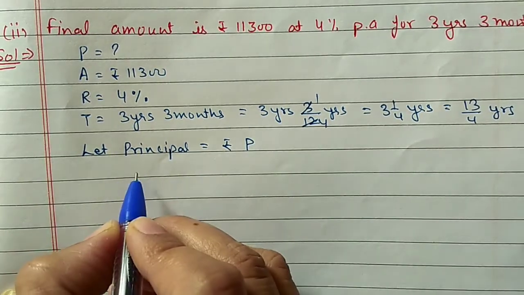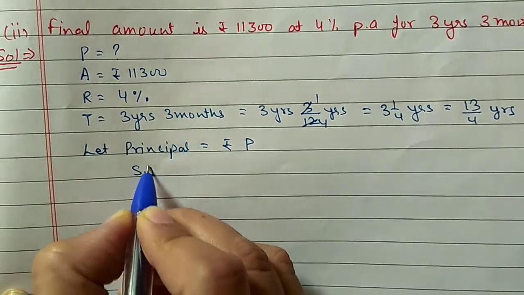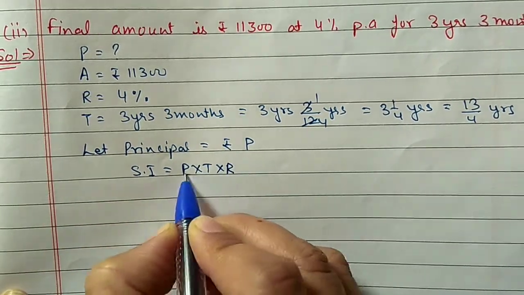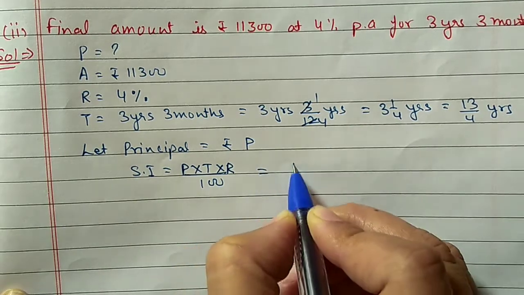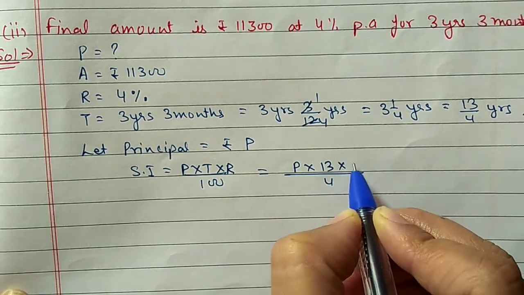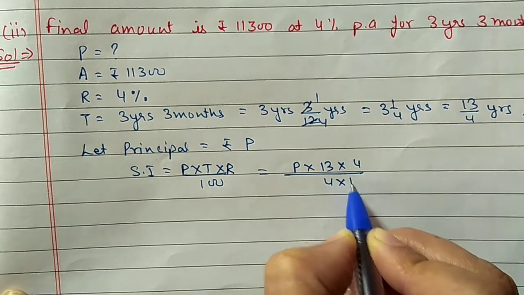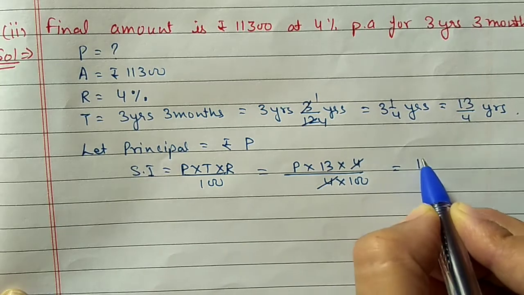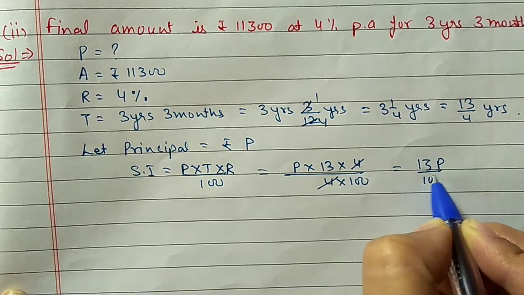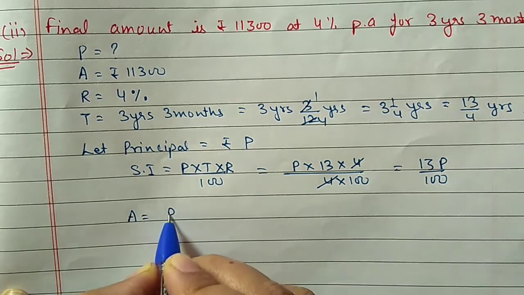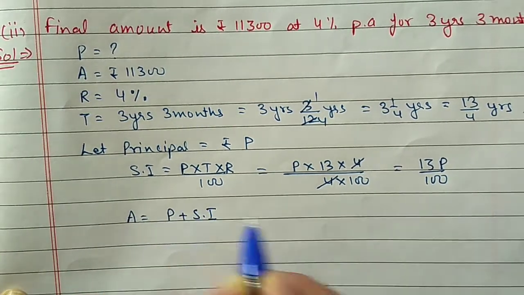If principal money is P, then simple interest will be P into T into R by 100. Time is given 13/4 and rate of interest is given 4% by 100. So 4 to 4 we can cancel, and we will get 13p/100.